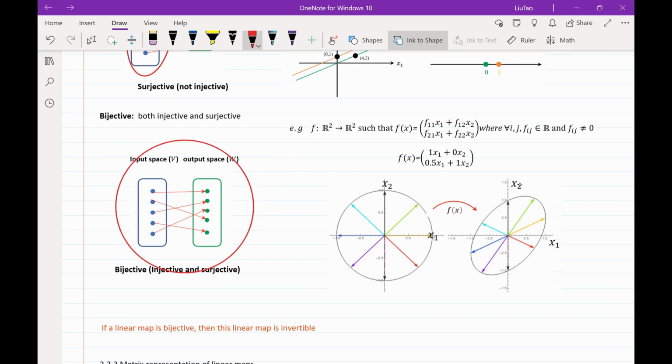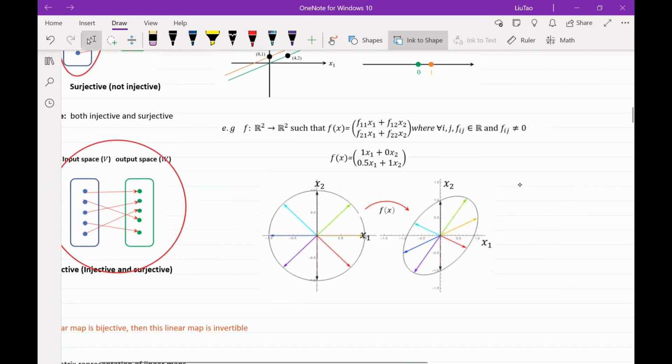A bijective linear map looks like the figure on the right. Notice that when given an input, for example, the black arrow, we can find an output, and with knowing this output, we can track it back.